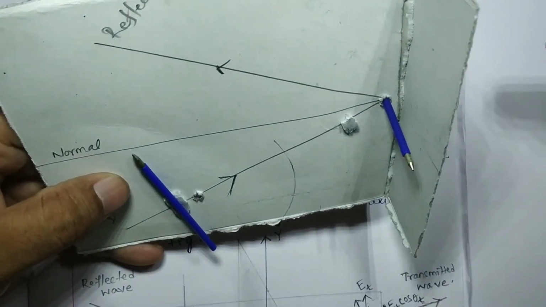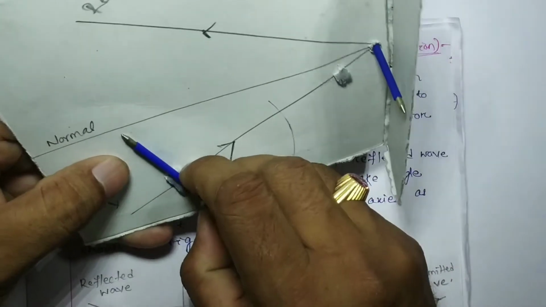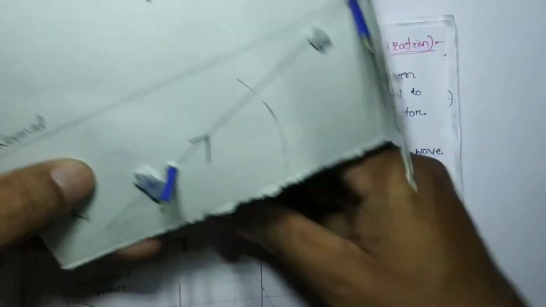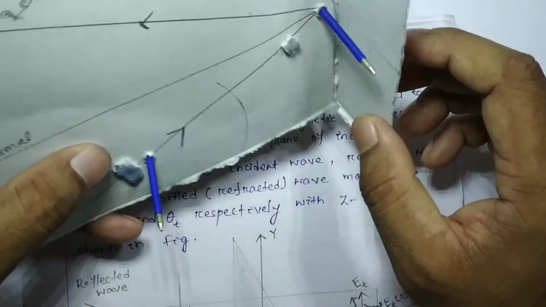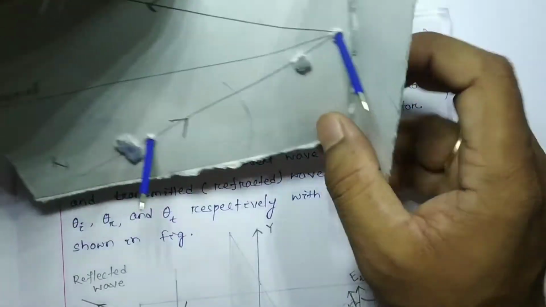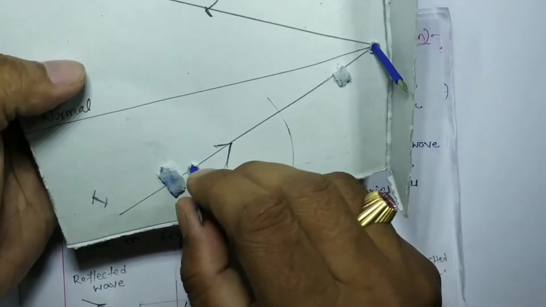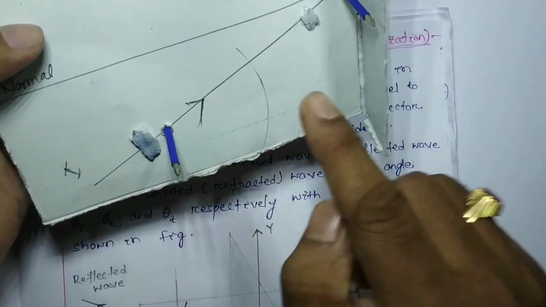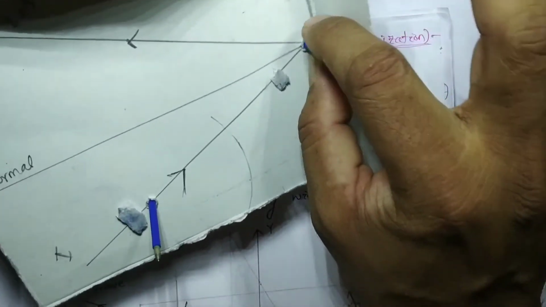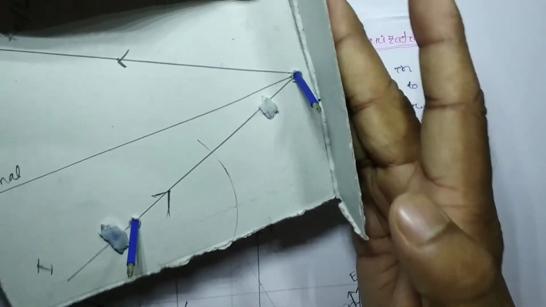Then it will strike the interface, and we are going to calculate the reflection and transmission coefficients. One thing I forgot to tell you: in the case of perpendicular polarization, this is your electric field vector, propagating towards the interface. When it strikes the interface, you can see it is fully tangential to the interface.